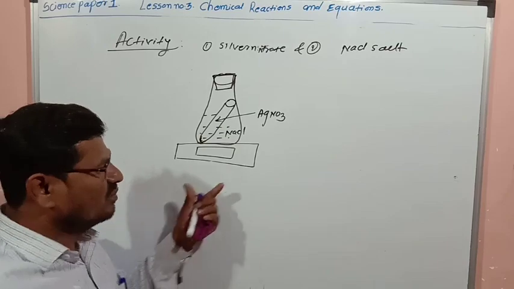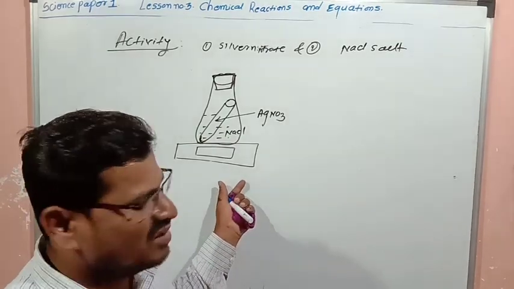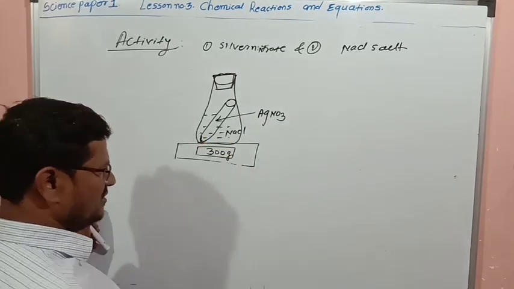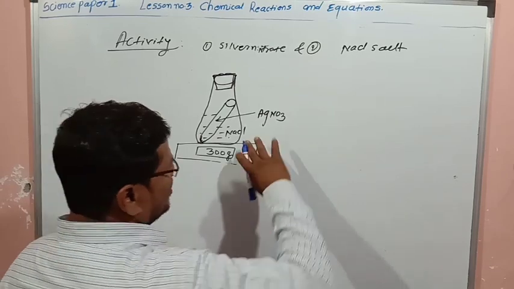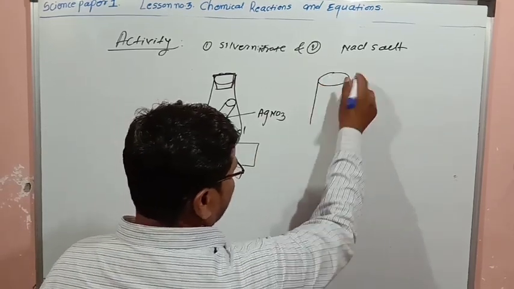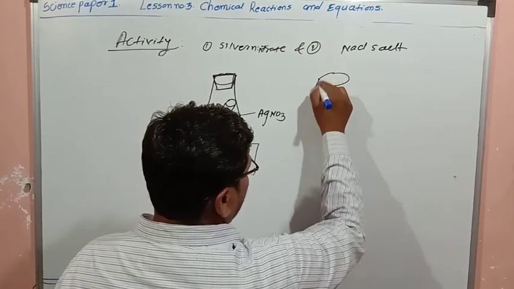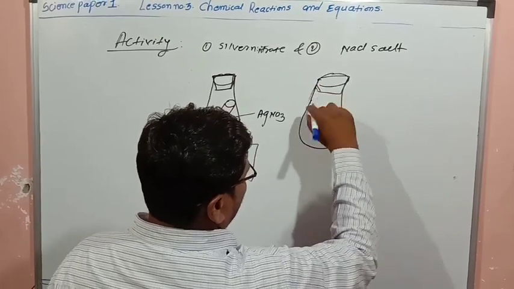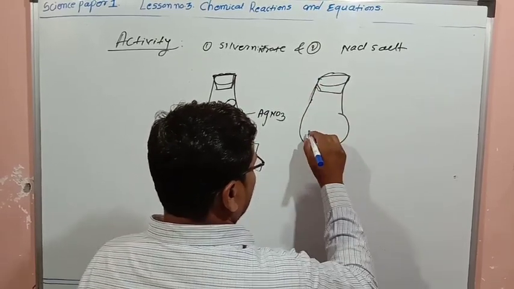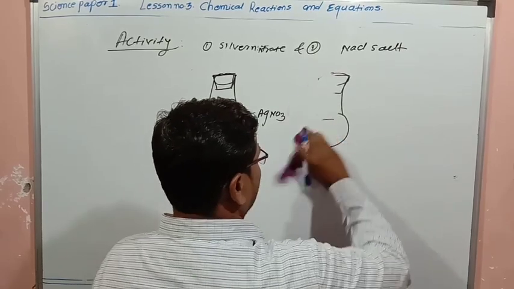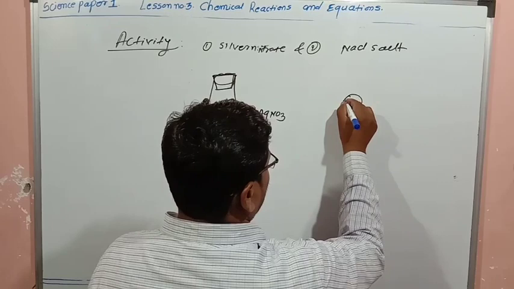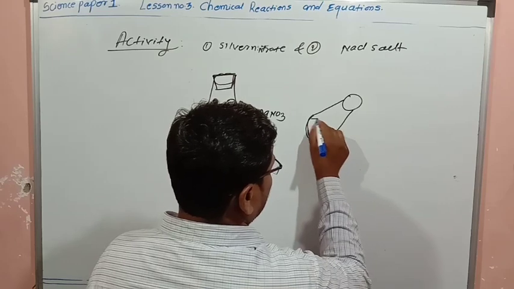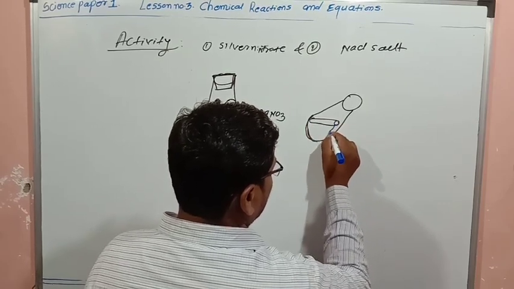And you have to measure the weight of this mixture, the weight of these reactants. Suppose it will be 300 grams. After this, you have to make it inverted and tilt it. Then the solution from that particular test tube will fall into the flask.